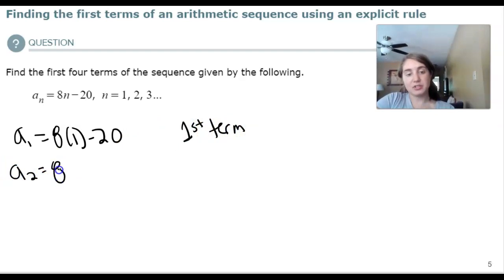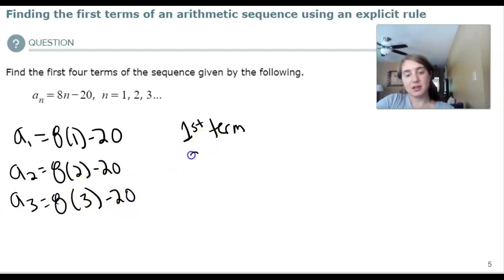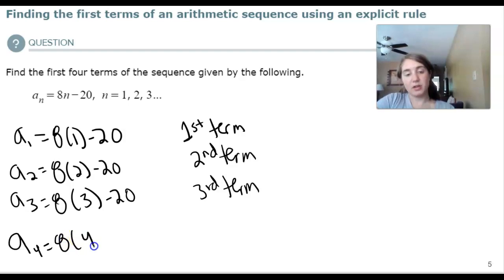A2, I'm going to put a 2 everywhere I see an N. And it wants the first 4, so I'm going to go all the way up to 4.